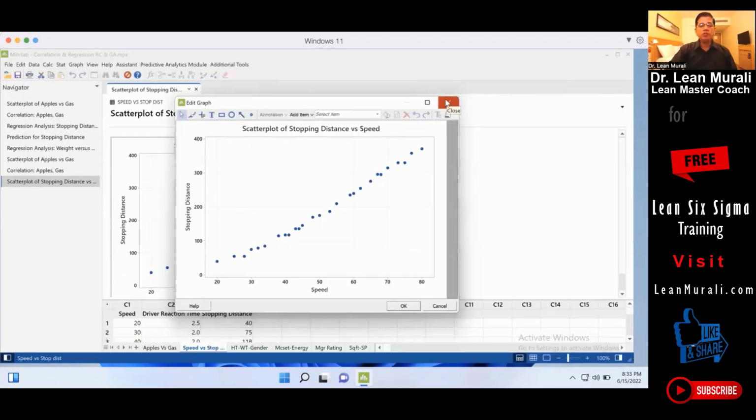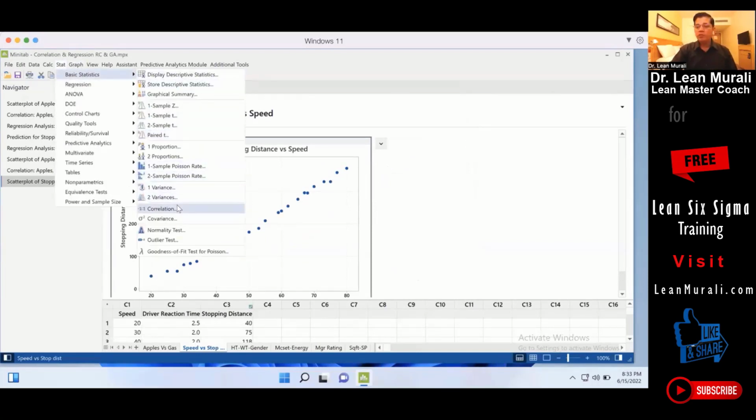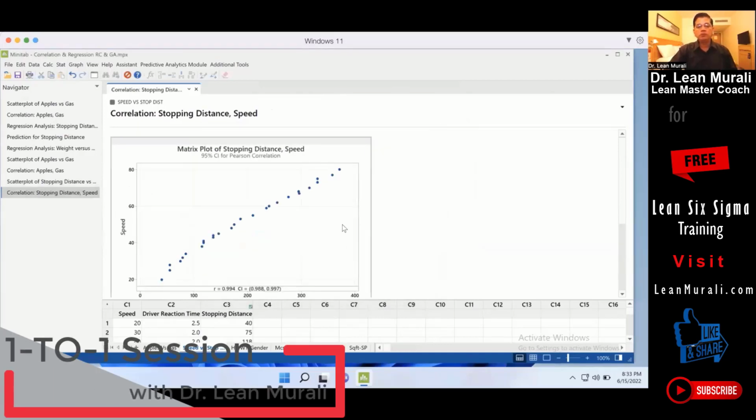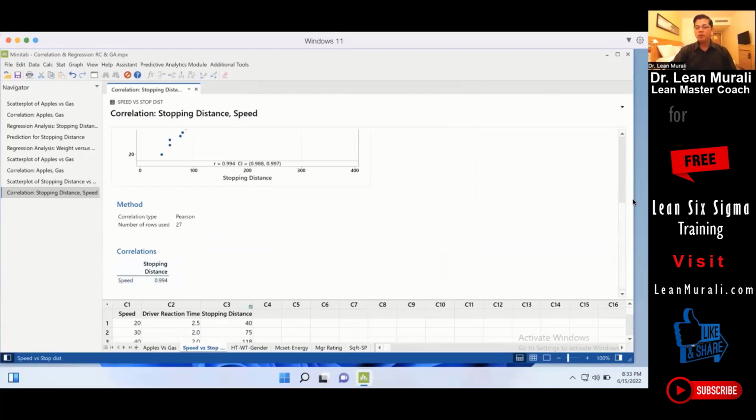What is the correlation between stopping distance and speed? What value are we getting? 0.994, so it is near to 1. It is positively correlated. How many of you are clear about this? So we have seen the correlation.